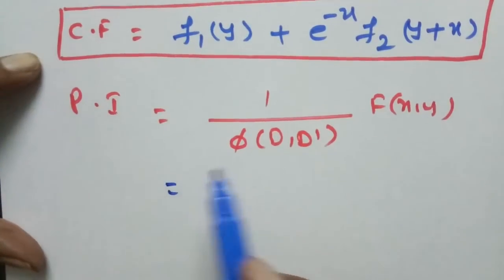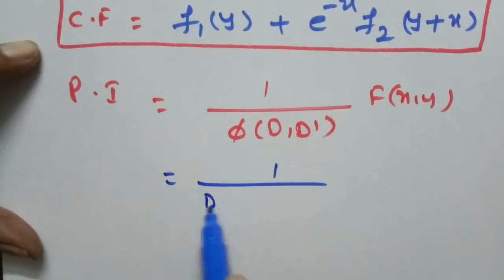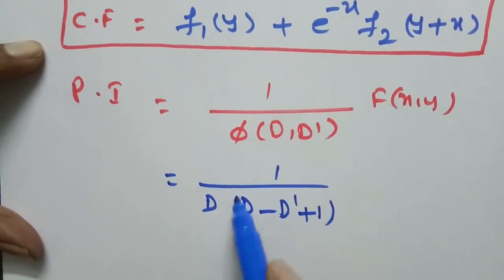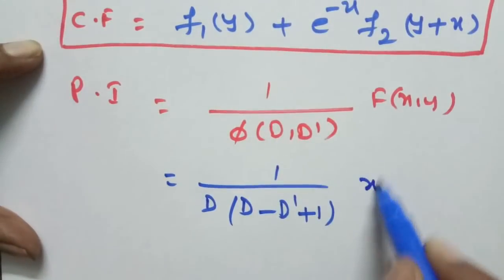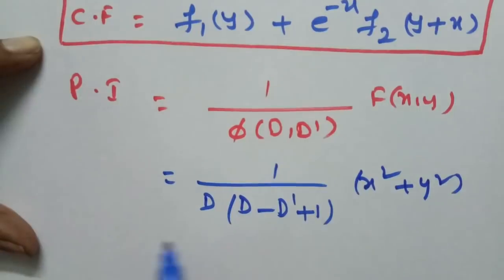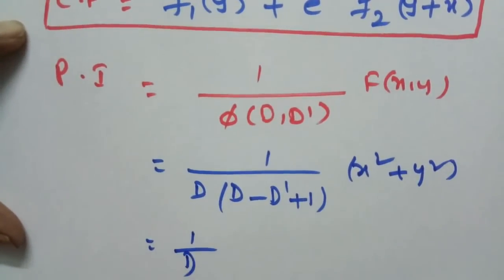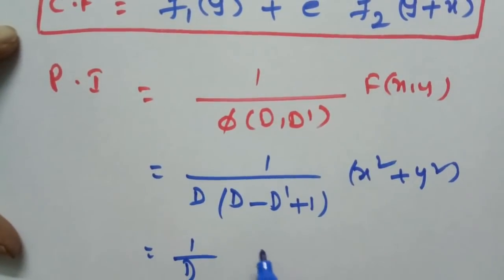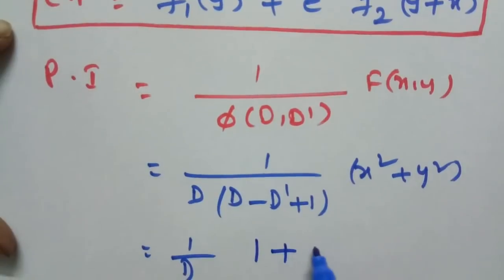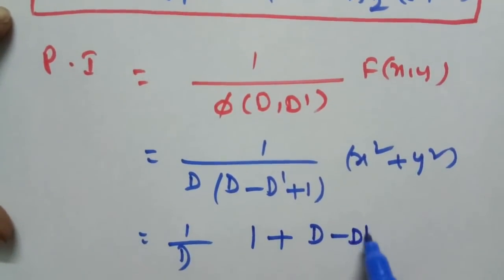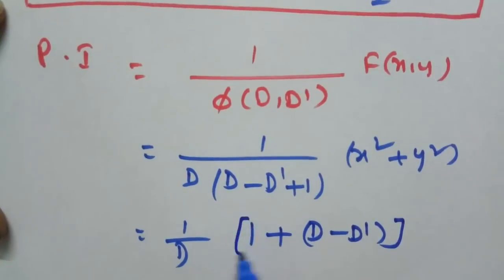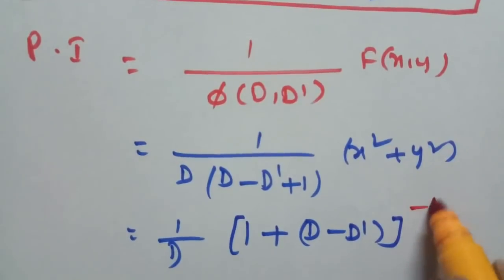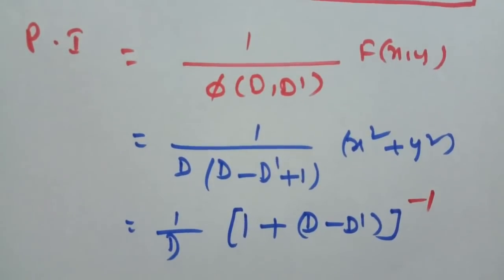Therefore this can be written as 1 by D into (D minus D' plus 1) into x squared plus y squared. As explained in rule number 3, this can be written as 1 by D into (1 plus (D minus D')) to the power of minus 1 into x squared plus y squared.